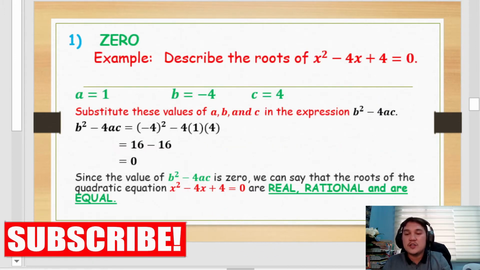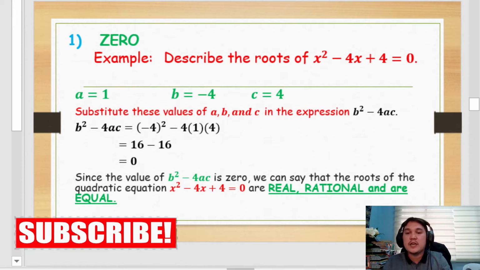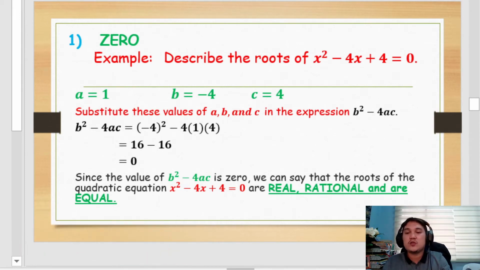Since we have the values of a, b, and c, then we have to substitute these values in the expression b squared minus 4ac.